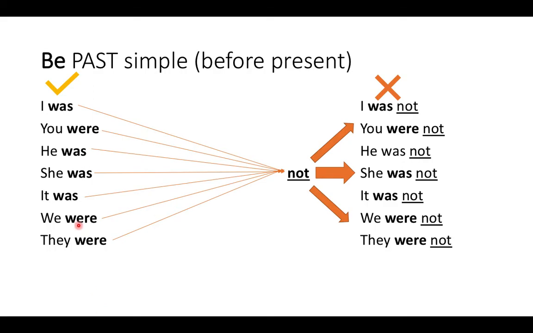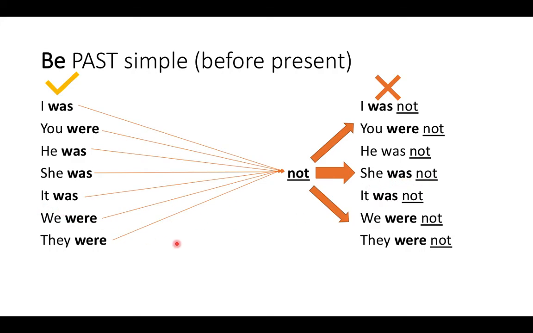Now, we can also do this with past. All we have to change is the be verb, right? So instead of saying I am, it's I was. And we just add not. I was not. You were, add the not right after. You were not. He was, add the not. He was not. She was not.